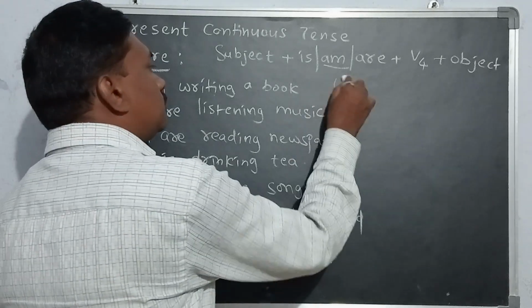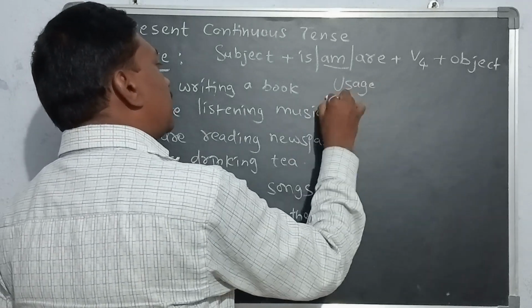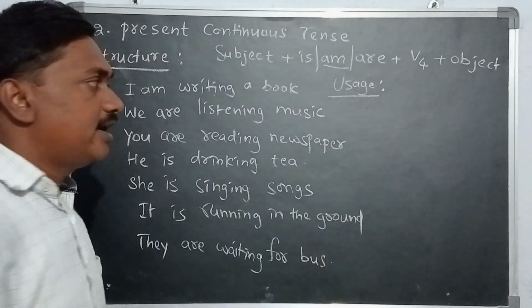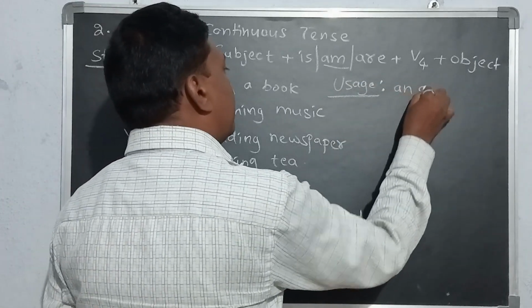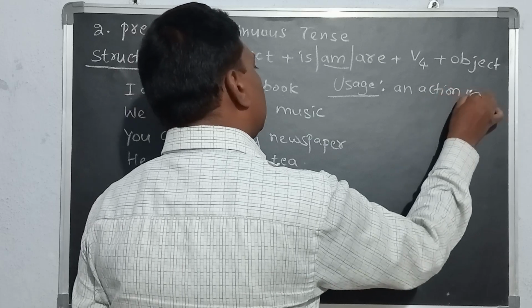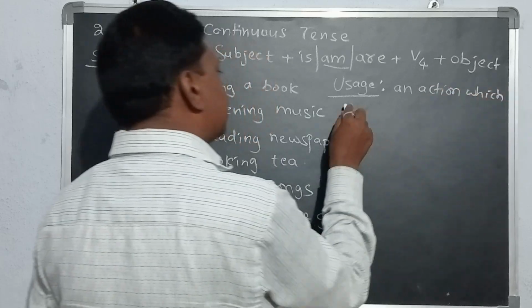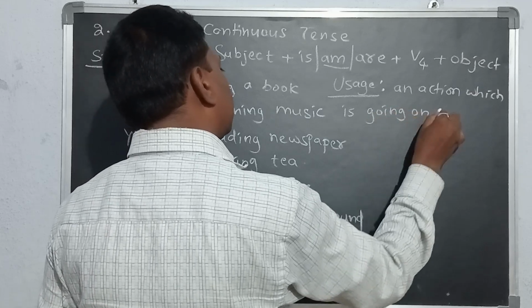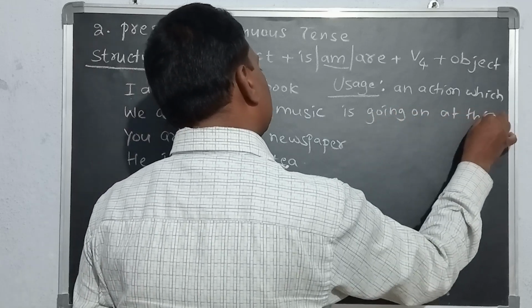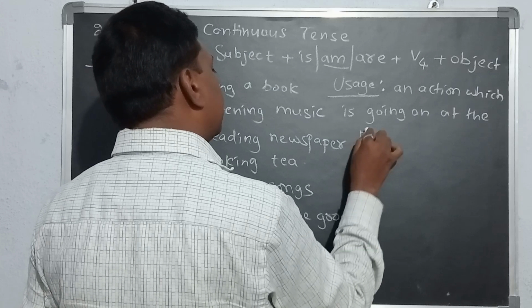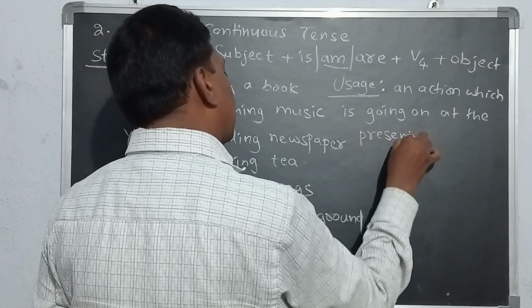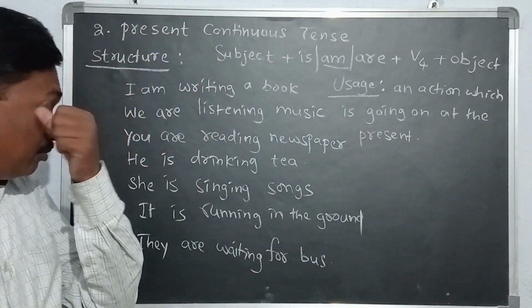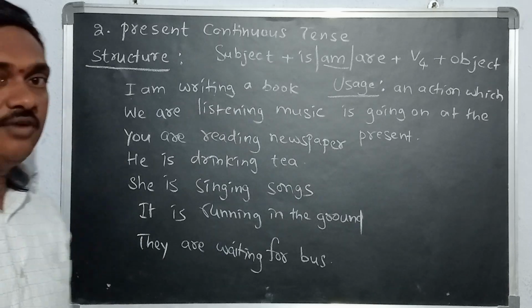Next, usage. So when should we use present continuous tense? An action which is going on at present, or at the time of speaking, or at the time of reading, at the time of listening.